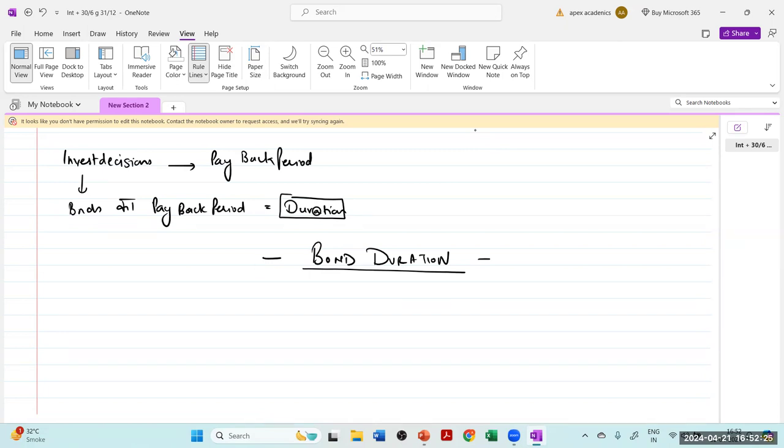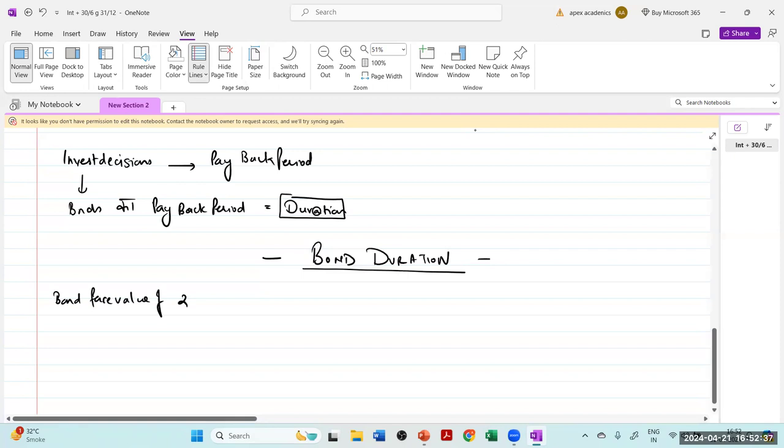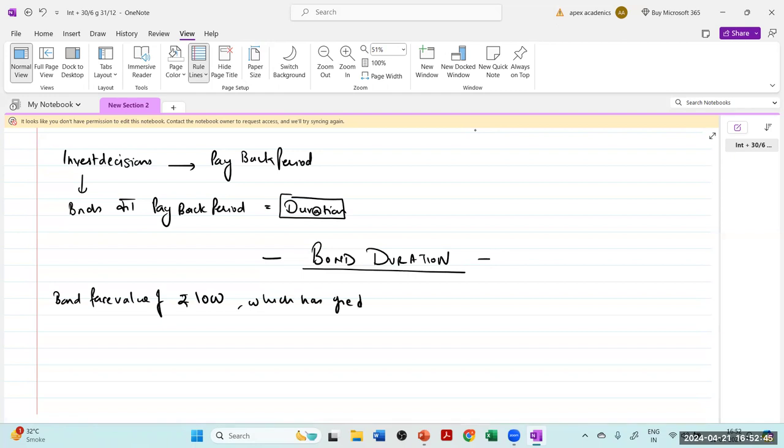Now, my dear students, please pay attention to the concept that is coming on your screen. There is a bond which has a face value of 1,000 rupees, which has a yield at the rate of 10% and a stated rate of 10%.